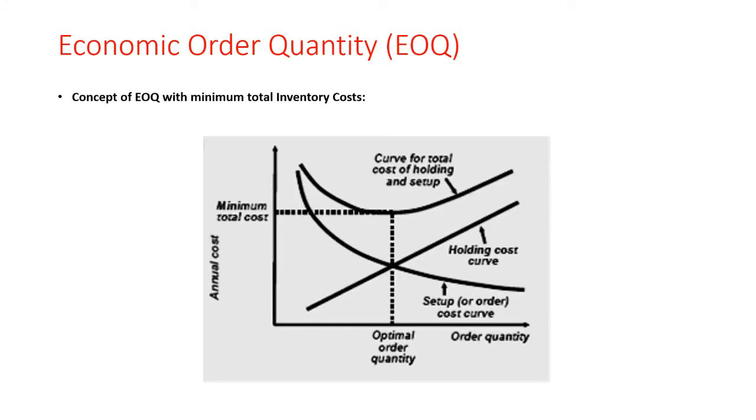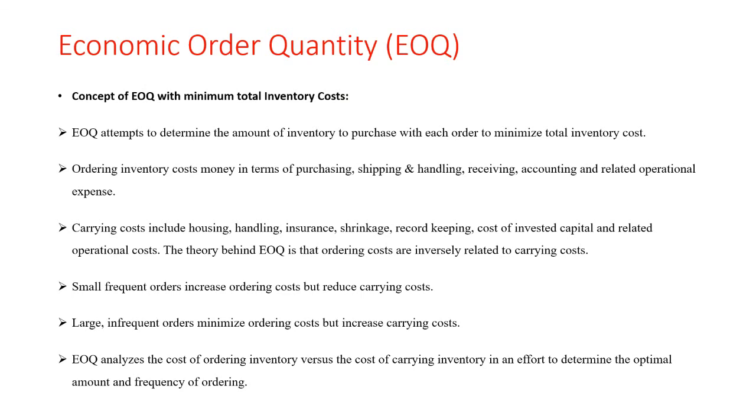This is a simple graphical overview of economic order quantity with a minimum total inventory cost. Economic order quantity attempts to determine the amount of inventory to purchase with each order to minimize total inventory cost.